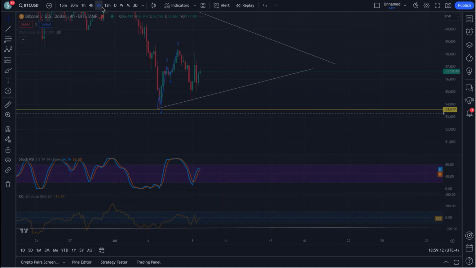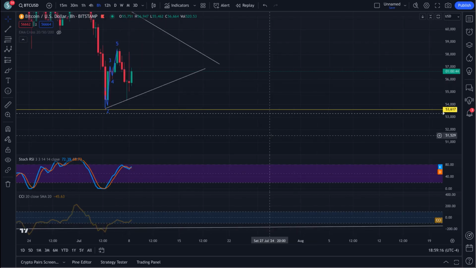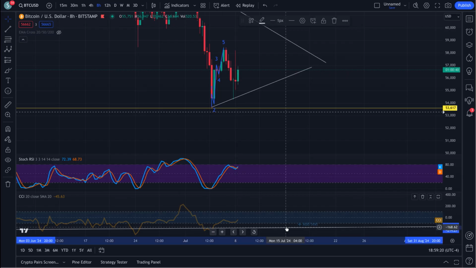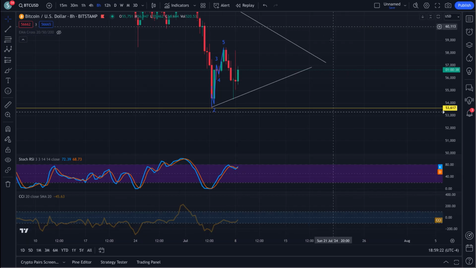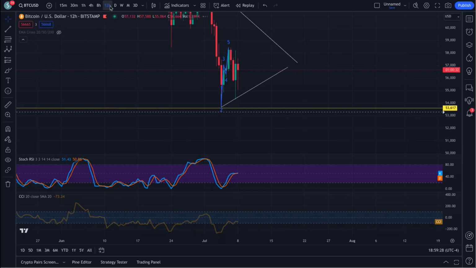The 8 hour, getting near the top, 72 and a 68, still very low down here on the RSI. I like some hopium towards the upside. Well, maybe. The 12 hour, looking weak, a 51.4 and a 50.8, just looking like it's running out of gas.